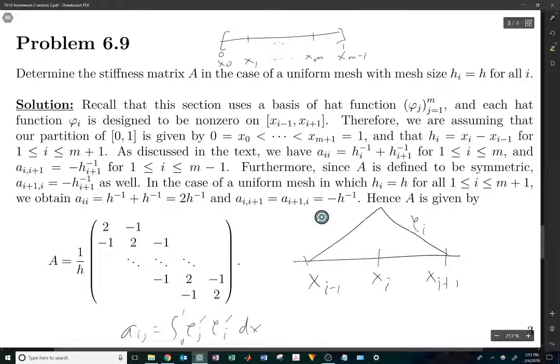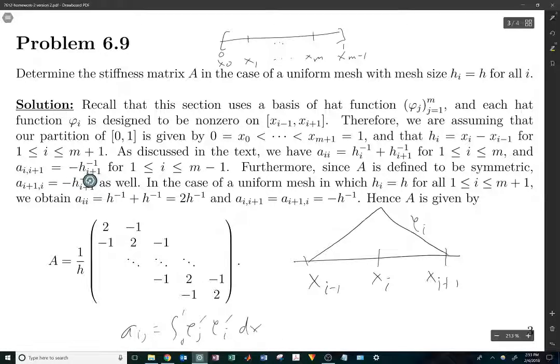You just plug in different values of h for the h_i and h_{i+1}, and then you look at your matrix.